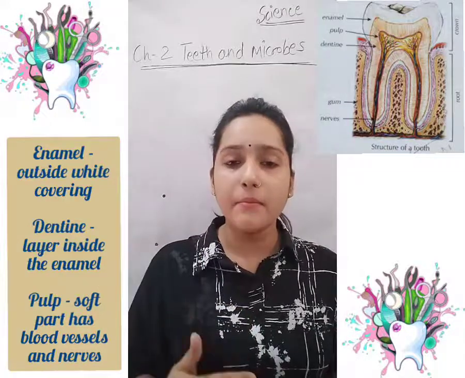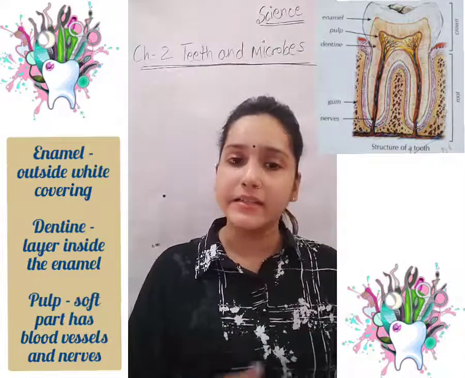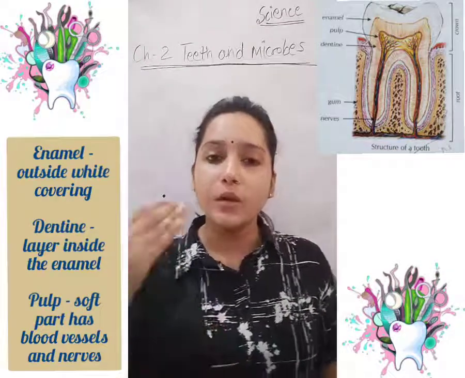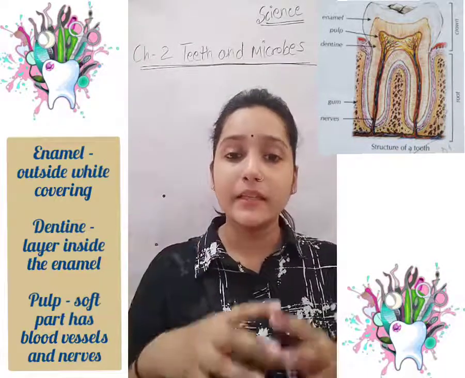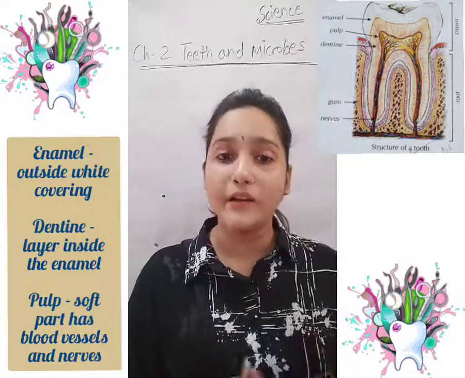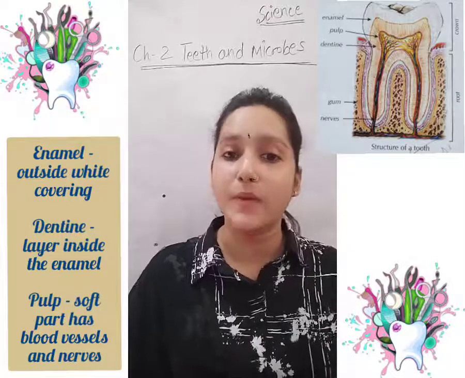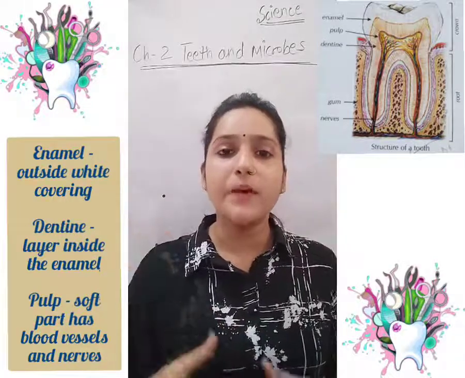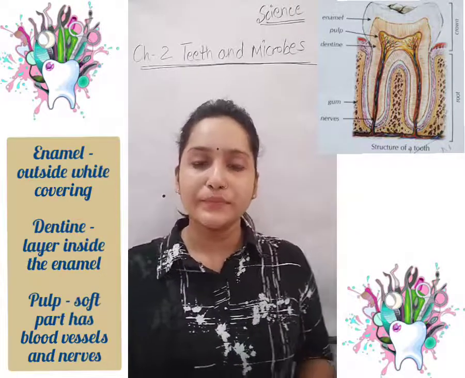Below the enamel is the dentine layer, that is another hardest part of our body, and then below that is the pulp layer, that is actually the delicate and very soft part which contains the blood vessels. So enamel, dentine and pulp make the structure of a tooth.